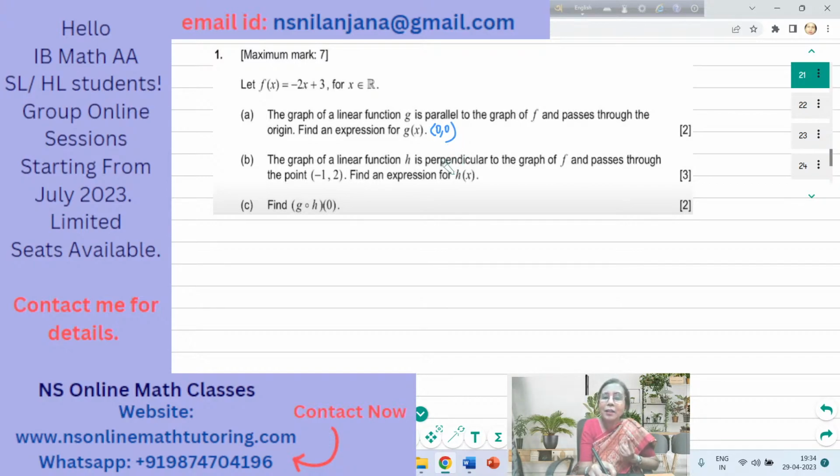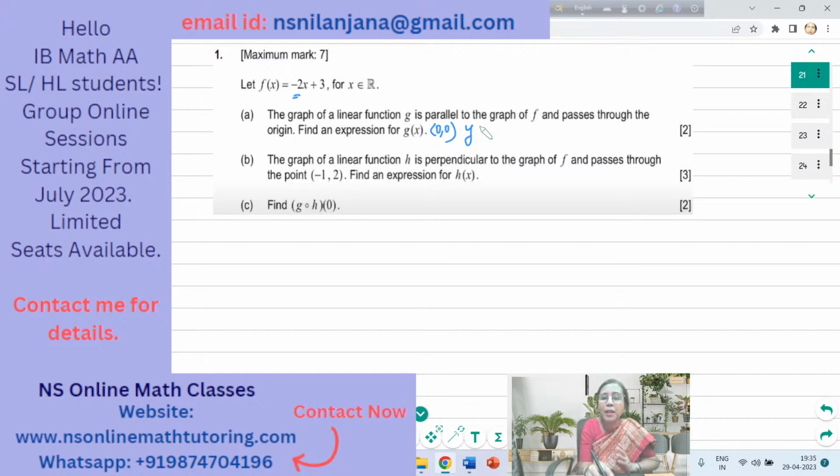First, the gradient of the straight line, and second, the coordinates of a single point lying on the straight line. Since it is parallel to f of x, the gradient will be equal to negative 2. I'm using the y minus y1 equal to m times x minus x1 formula. You can use y equals mx plus c as well.